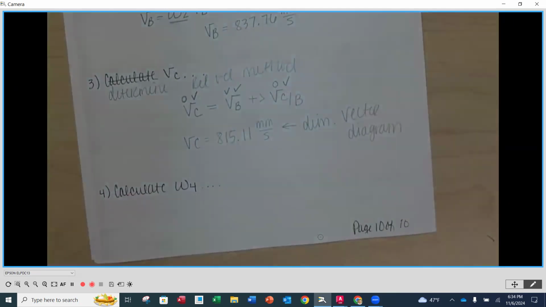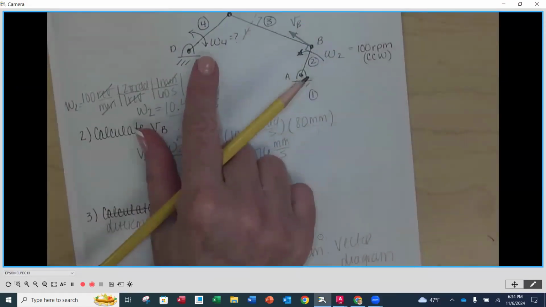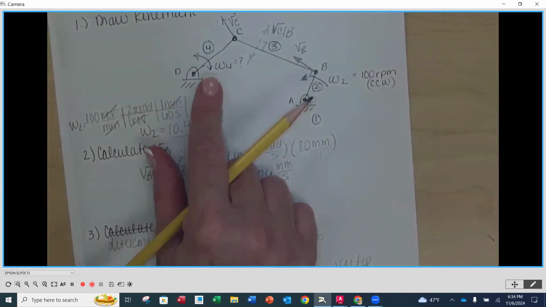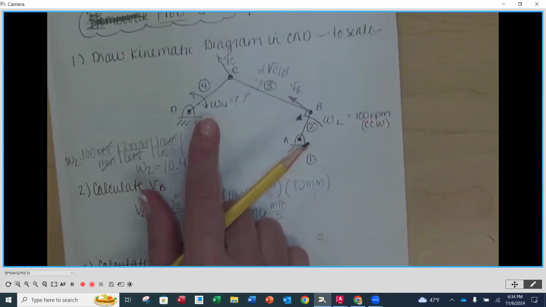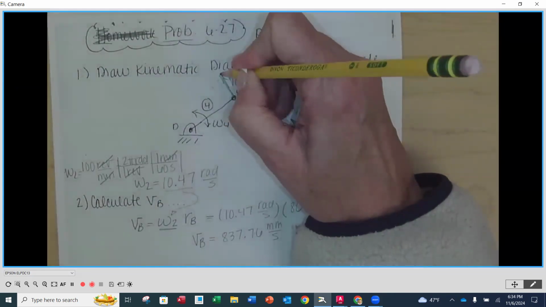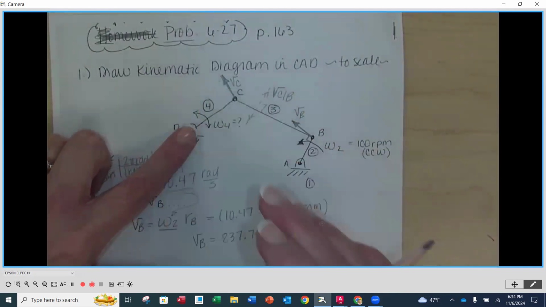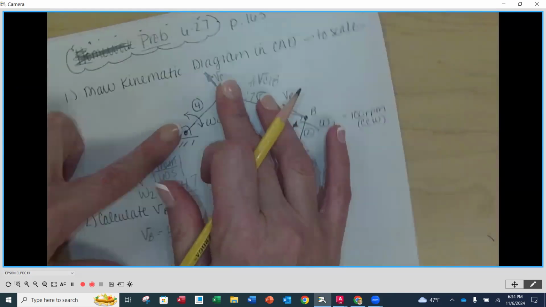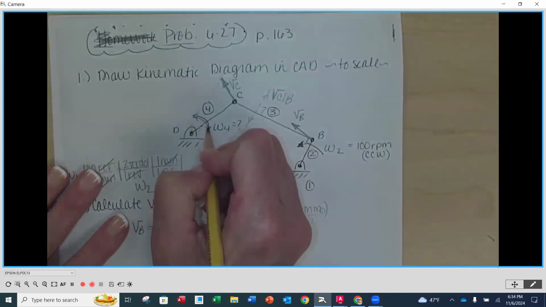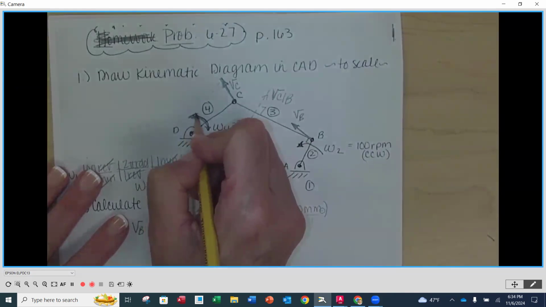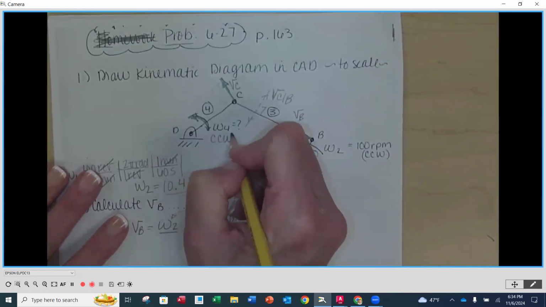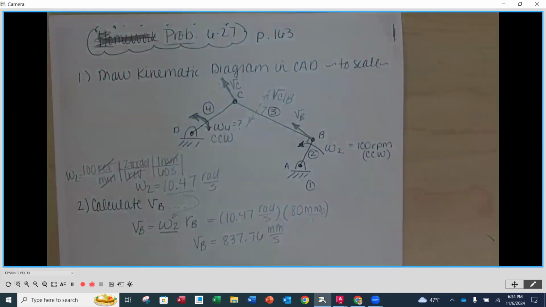Now remember, this is not a slider crank. We still need to find the angular velocity of our W4. We already know, and we confirmed, that the direction of the velocity of C was going up and to the left. So if we hold this at point D and we pull, our W4 will be going in a counterclockwise direction.